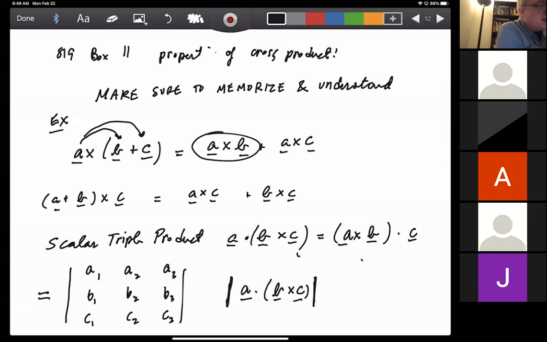If I take the absolute value of that number, what I actually get is the volume of the rectangular parallelepiped determined by the three vectors A, B, and C. Again, this is something we'll see later in the course, and you might see this in other courses as well, because this is a geometrical result, which is important in a number of contexts.